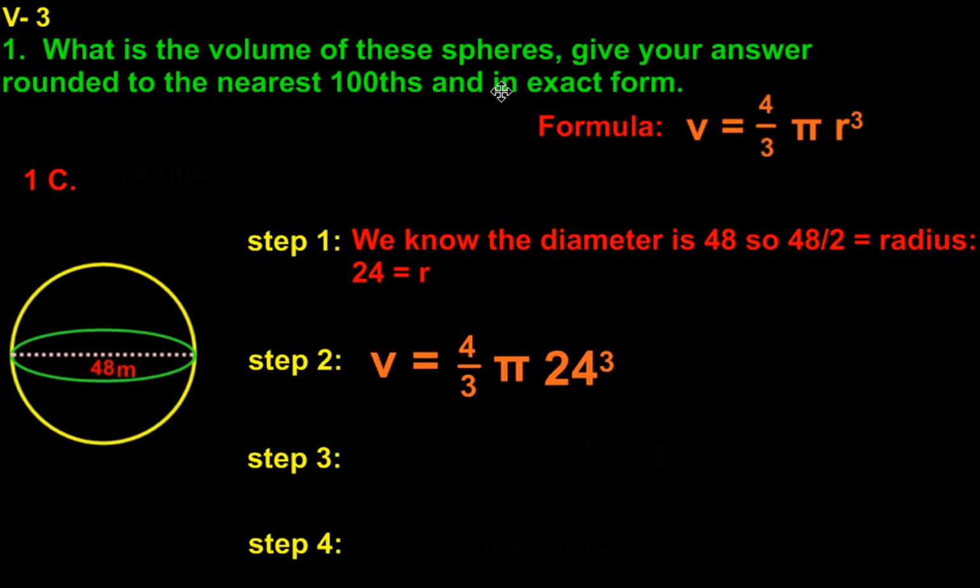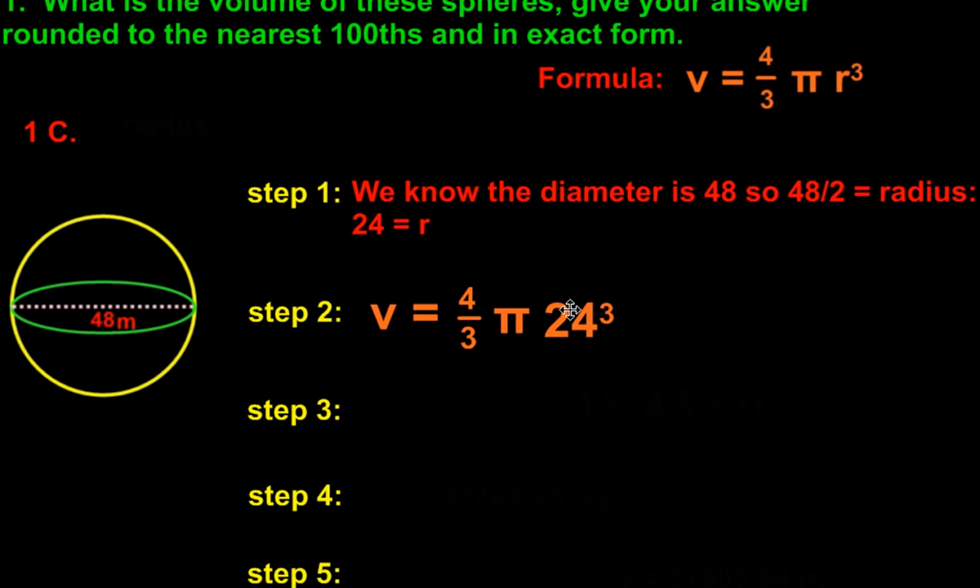Now we'll first try to get exact form, and to do that we ignore pi and plug that in at the end of our equation, and we're going to multiply 4/3 times 24 to the third power. And the exact answer we're going to get is 18,432 pi meters cubed, cubic meters.